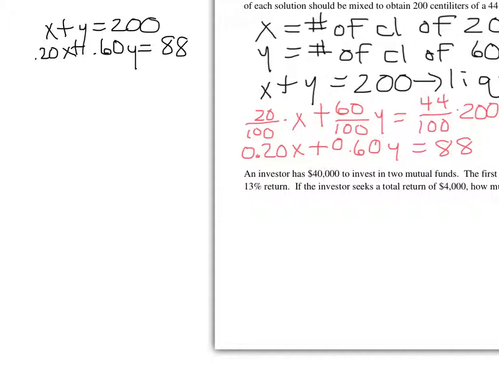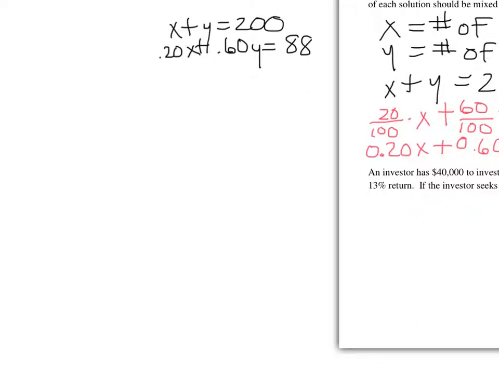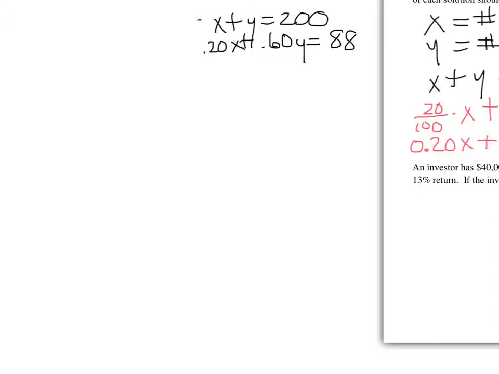We want to solve one of the equations for one of the variables. I would like to solve the first equation for x. That seems easy. Subtract y from both sides. You get x is 200 minus y. We're going to put that information into the second equation.